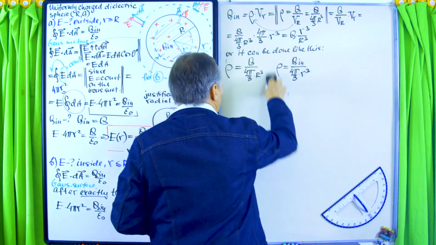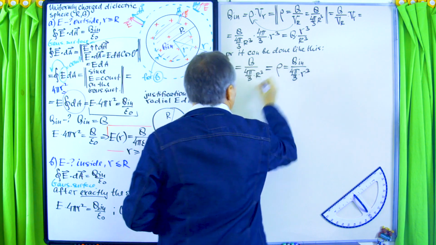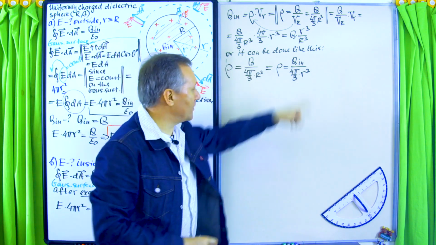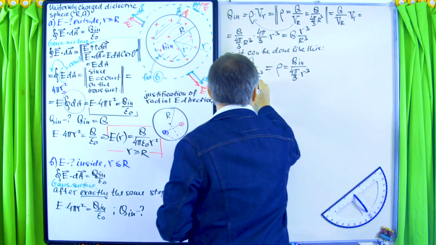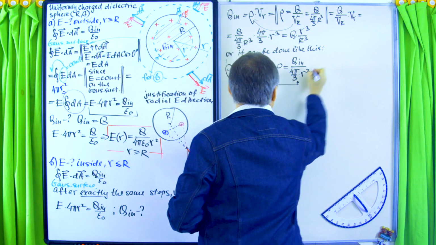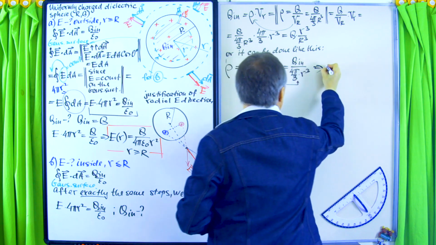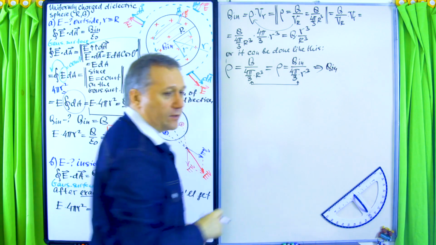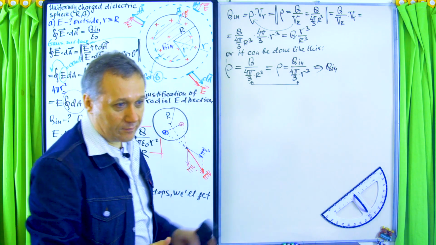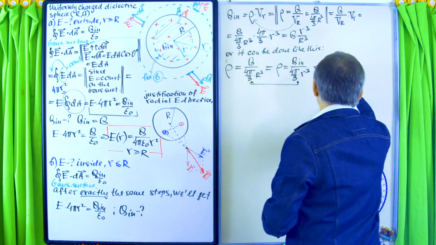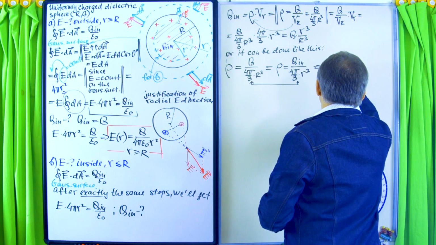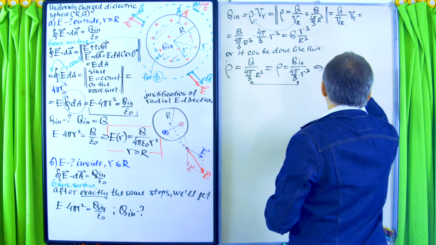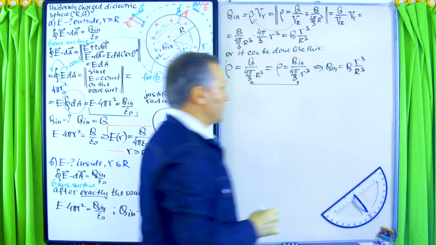So now I can put an equal sign. From here, I can solve for Q enclosed. This goes up here in the numerator, and we will get exactly the same answer: Q times r small to the power of 3 over R capital to the power of 3.